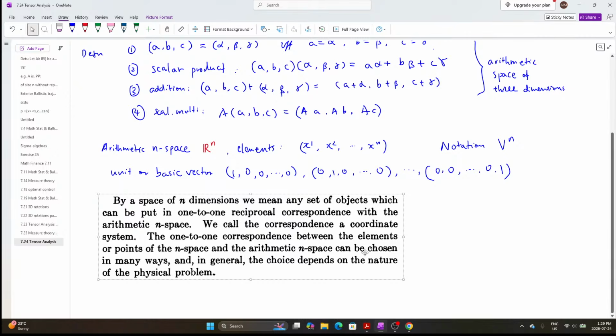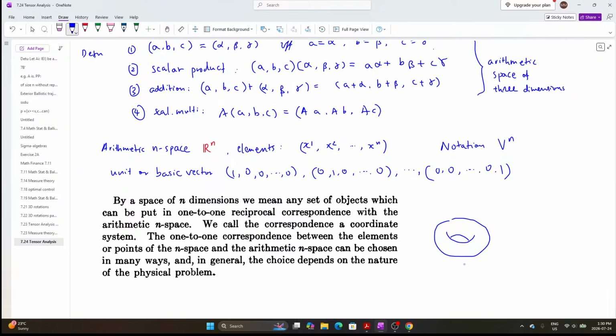So let's draw a picture to see what's going on. For example, let's draw this torus-shaped thing to indicate a general, quote-unquote, space, but really it should be a manifold.